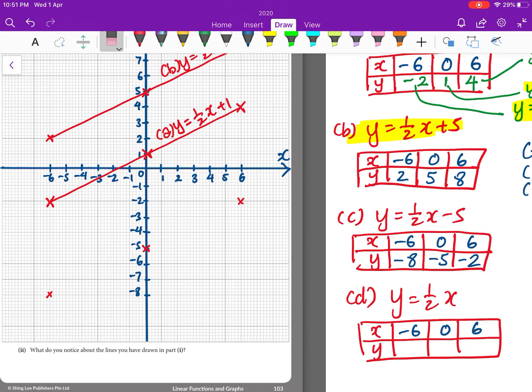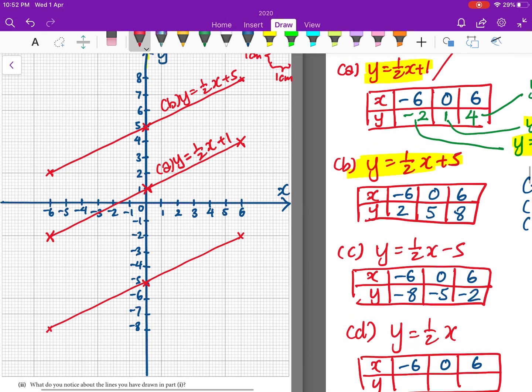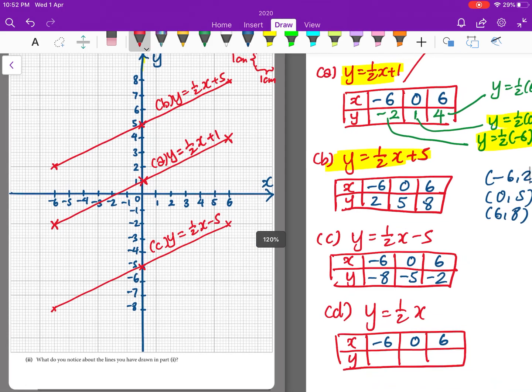Okay, I have to draw again because the line is not straight. Make sure you draw a straight line. Alright, so I will have to label as part C, y equals half x minus 5.